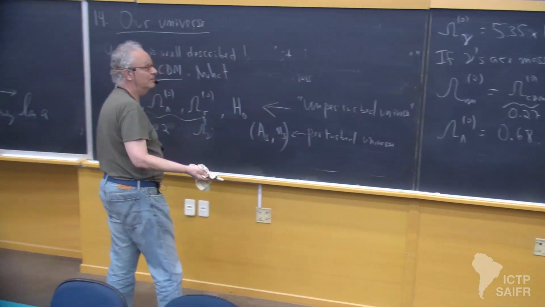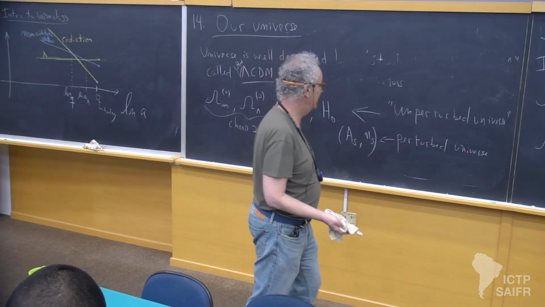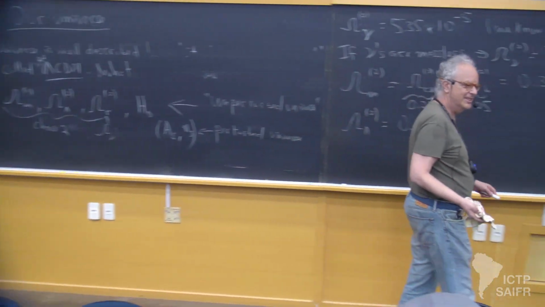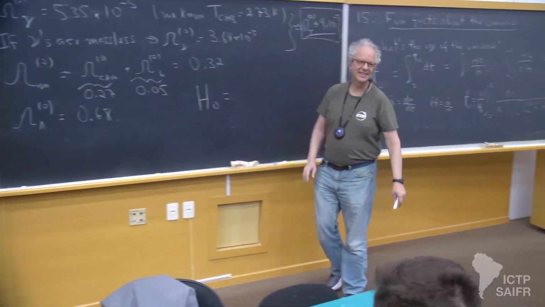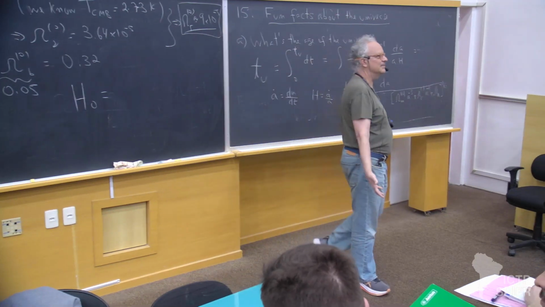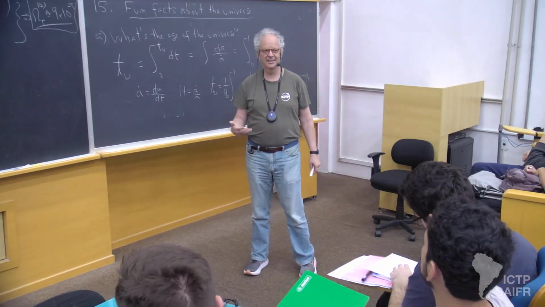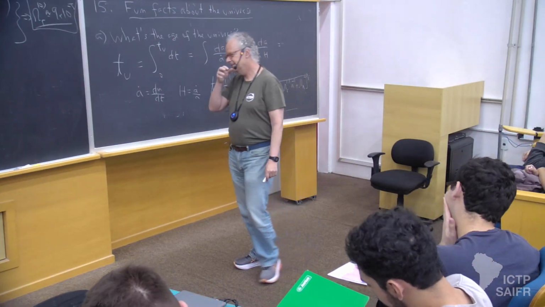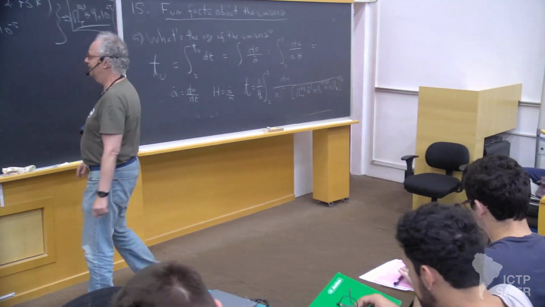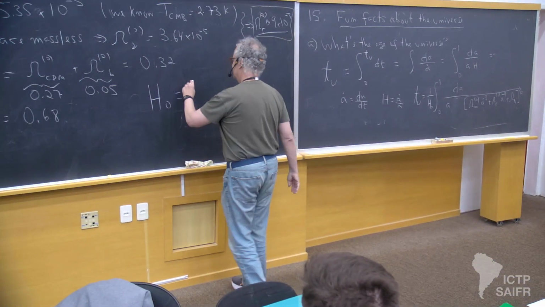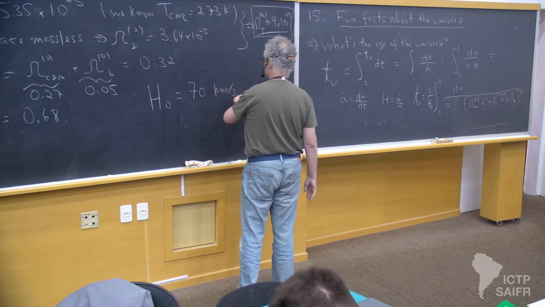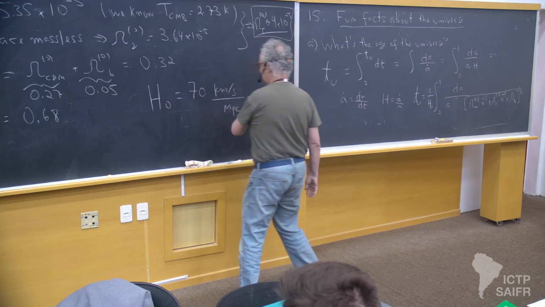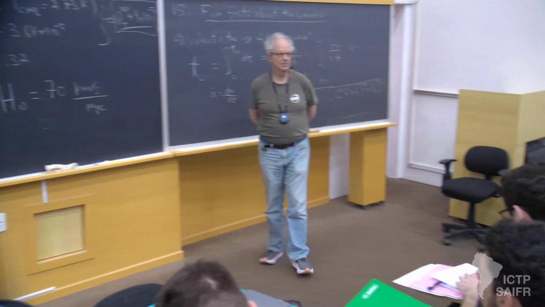This is one of the parameters, right? Oh, I forgot to say that. The other parameter is H0. There have been very precise measurements in the last 20 years of the Hubble parameter. There are some small uncertainties, but for these lectures, let's use 70 kilometers per second per megaparsec.